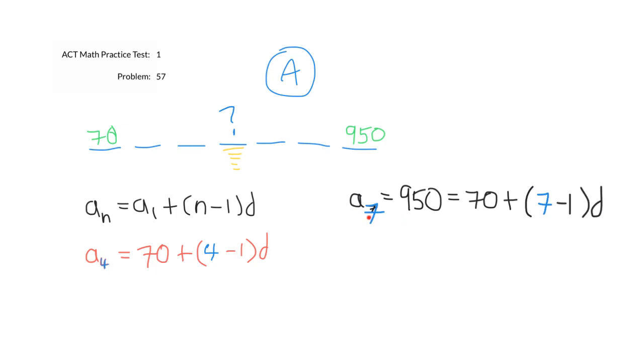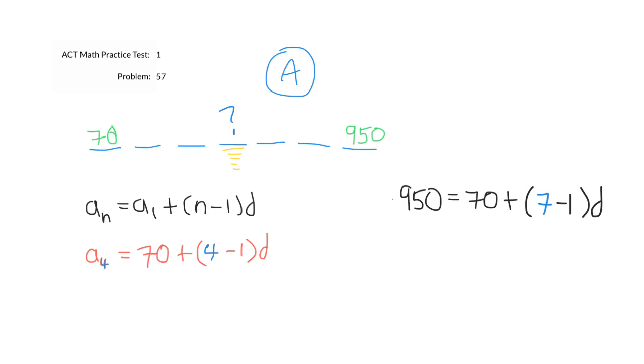So really A sub 7 equals 950, and that also equals 70 plus 7 minus 1 d. So what we could do is just sort of ignore this part and recognize that 950 equals 70 plus 7 minus 1 times d. And therefore, we can solve for d.